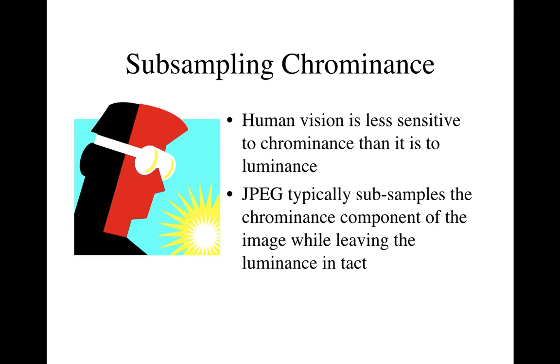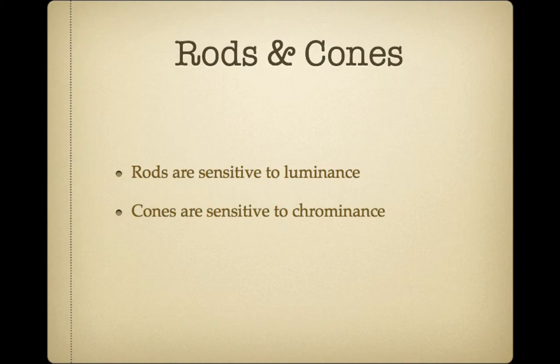When we talked about the LAB color system, I mentioned that humans are significantly more sensitive to luminance than they are to chrominance. So the lightness and darkness information is very important. The color information, we can tweak that a bit and still get away with it. That's because humans have rods and cones in their eyes.